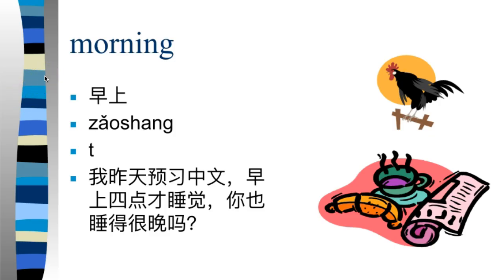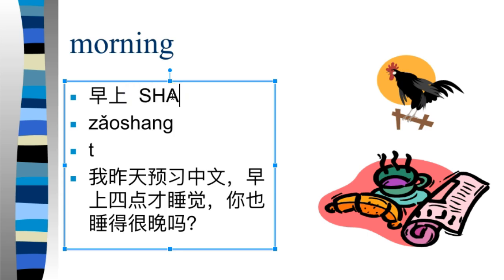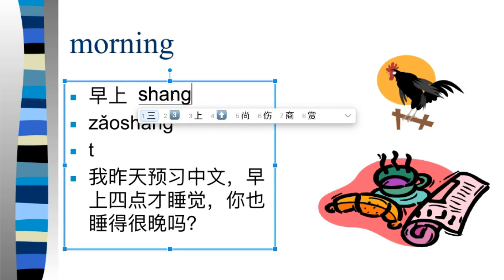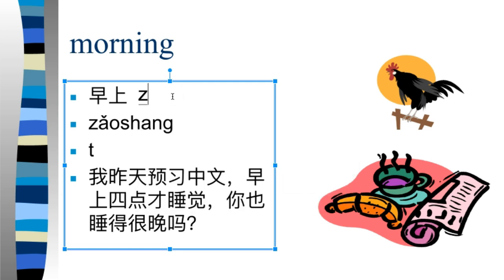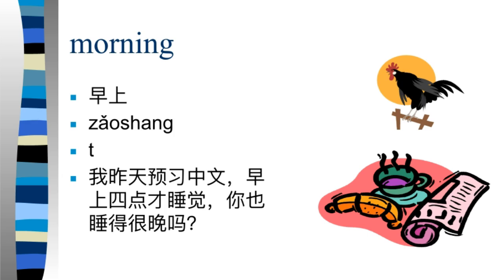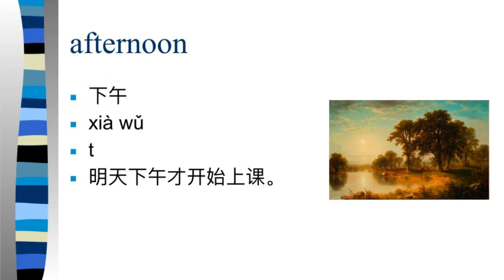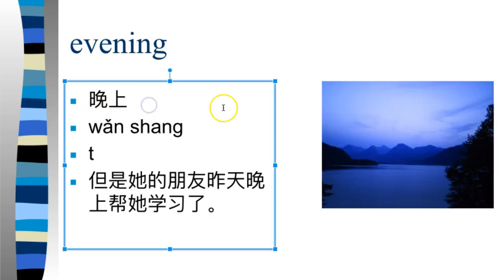我们的第一个生词是早上，早上。And of course, earlier in this level, we learned the word 早, which means early, right? So 早上 is literally really early. Opposite of 早上 is 晚上，晚上。Again, we learned a word 晚 earlier in the level. 晚上 is really late.